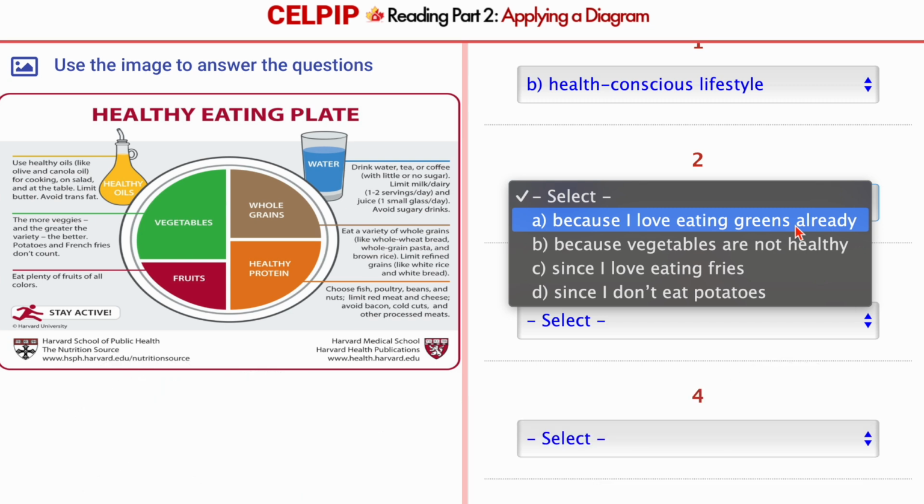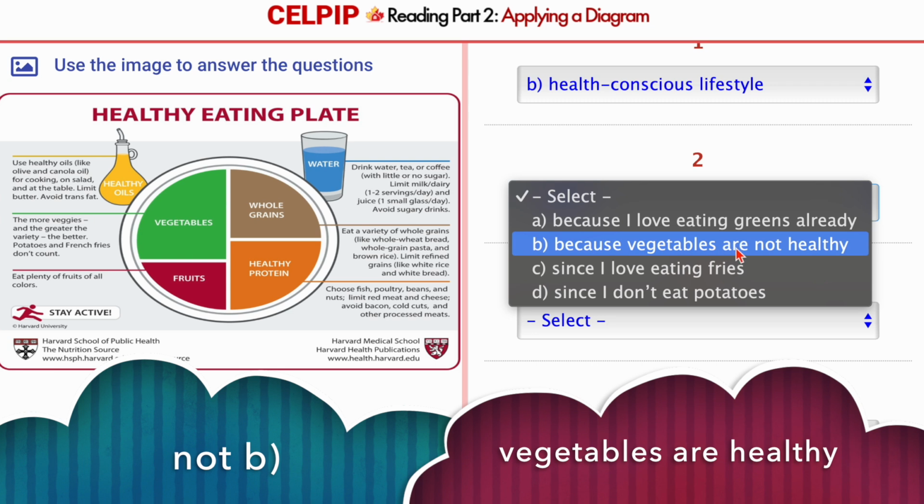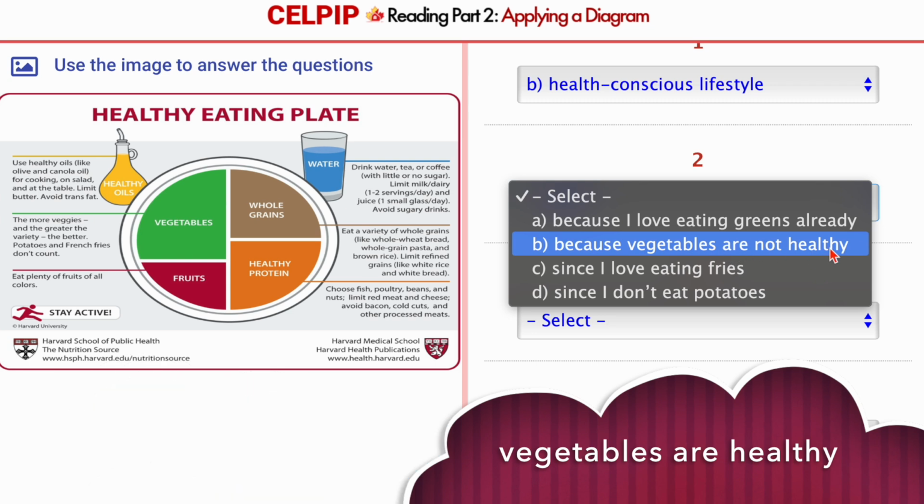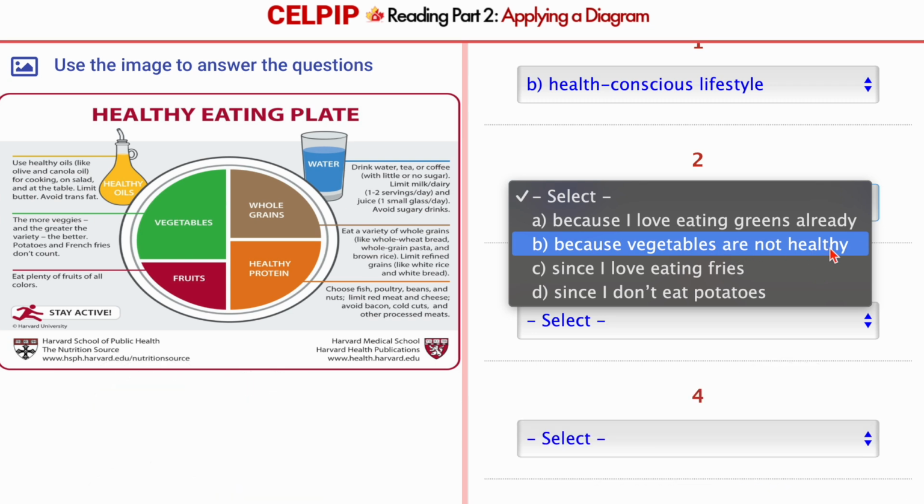I'm not a fan because vegetables are not healthy? No, right? That's not the reason. It's not true that vegetables are not healthy. Vegetables are healthy, so not B. So I'm not a fan since I love eating fries or since I don't eat potatoes.